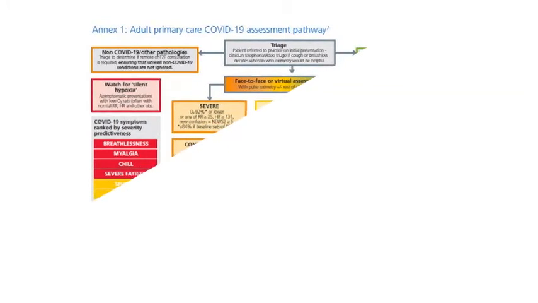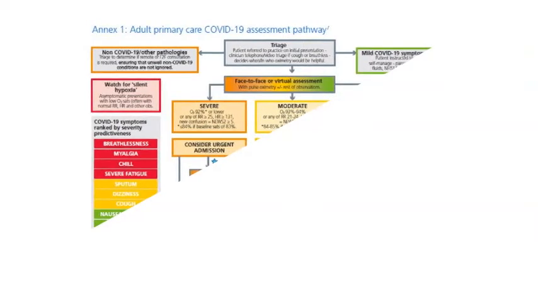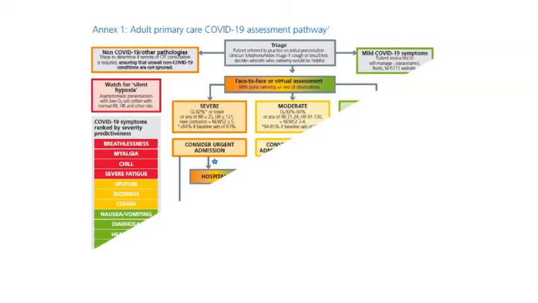The WHO put moderate disease for patients who start to have pneumonia, but the difference is that they put the oxygen saturation, instead of 93 to 94, at above 90. So if the patient is above 90% on room air, according to WHO, we can classify it as moderate.